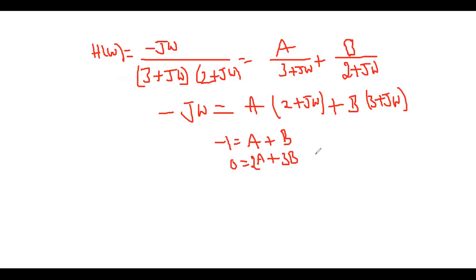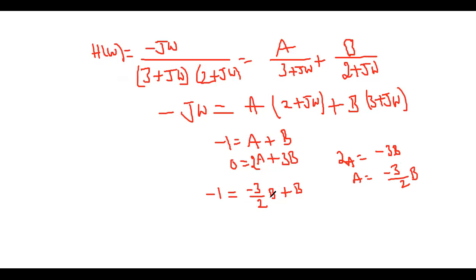Now you can subtract here. How we get the A: 2A is equal to minus 3B, so A is equal to minus 3 by 2 into B. Now substitute this in the first equation: minus 1 is equal to minus 3 by 2 B plus B. Or directly we can substitute j omega is equal to minus 2 to get the B value, and j omega is equal to minus 3 to get the A value.